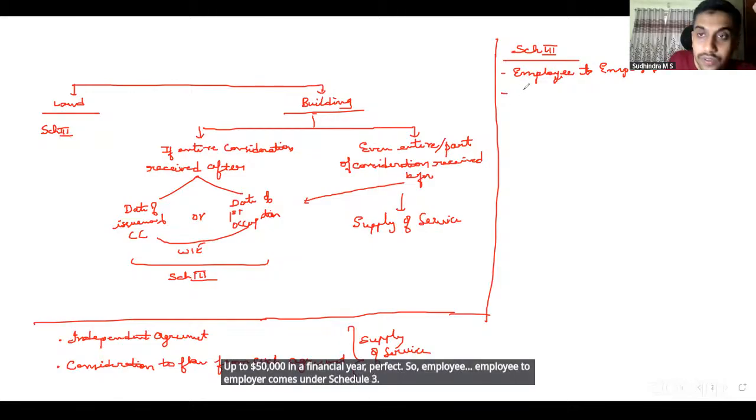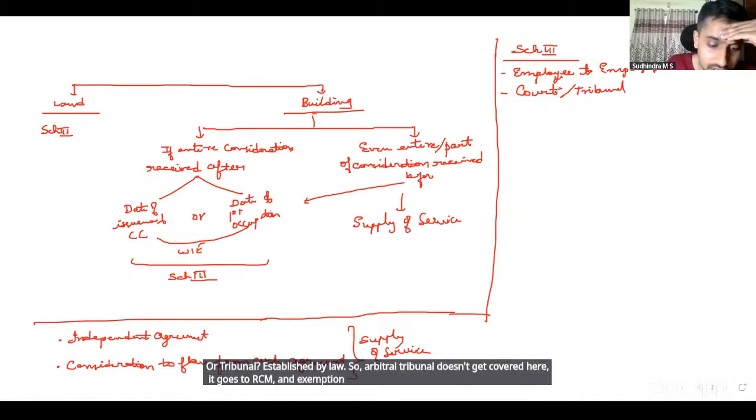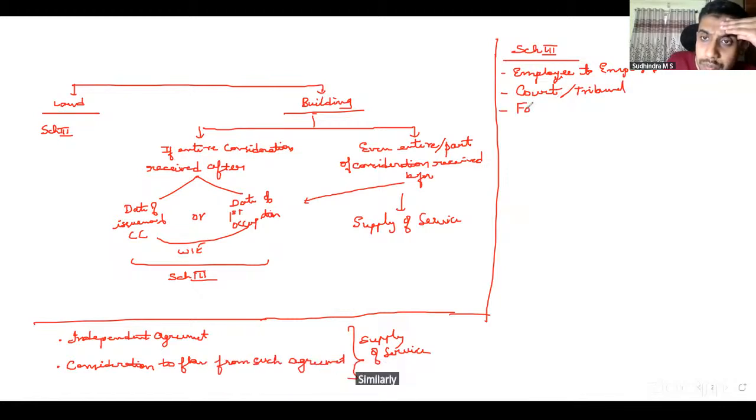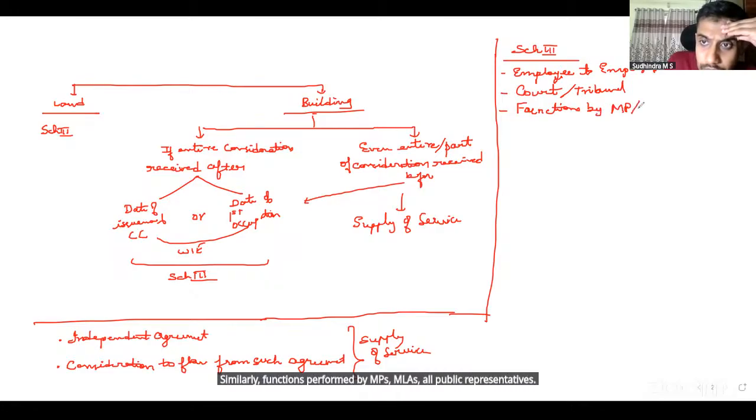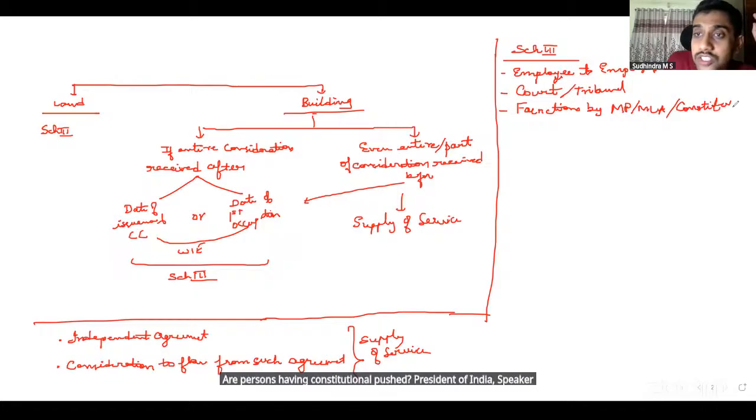Then the next one was services provided by a court or tribunal established by law. So an arbitral tribunal doesn't get covered here; it goes to RCM and the exemption discussion that we had. Similarly, functions performed by MPs, MLAs, all public representatives, or persons having constitutional posts, such as the President of India, Speaker of Lok Sabha, Chief Justice of India.